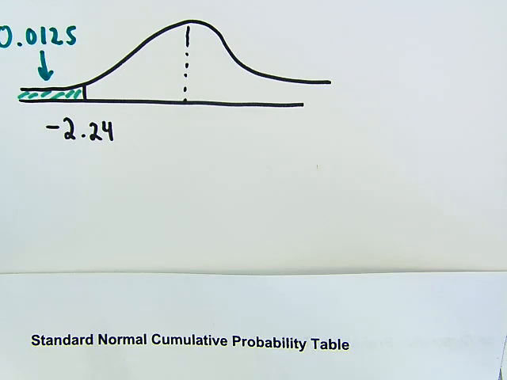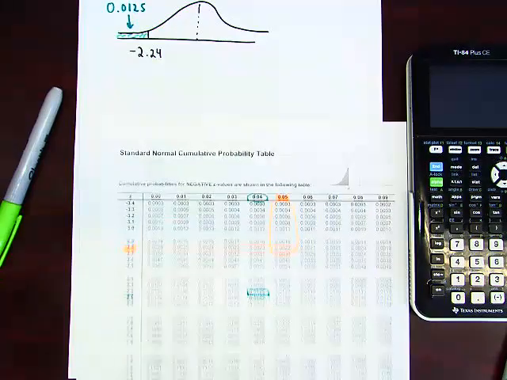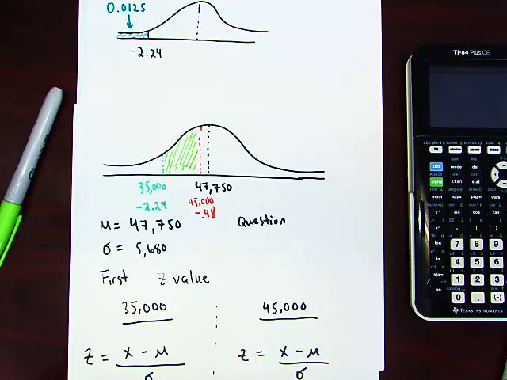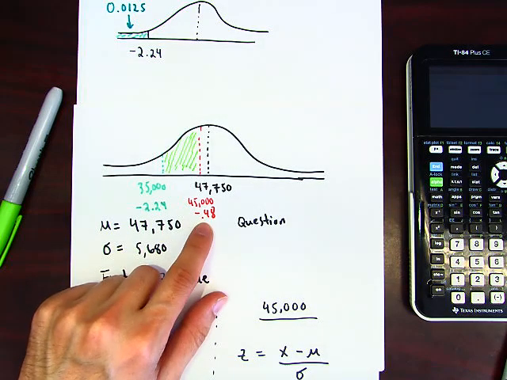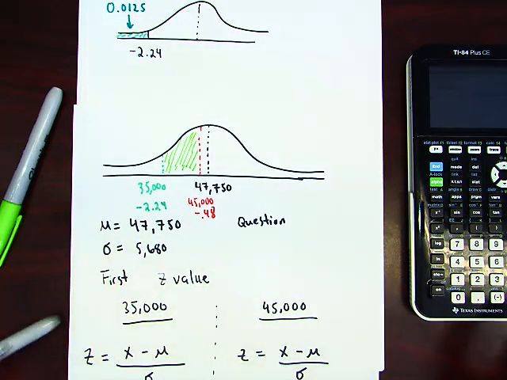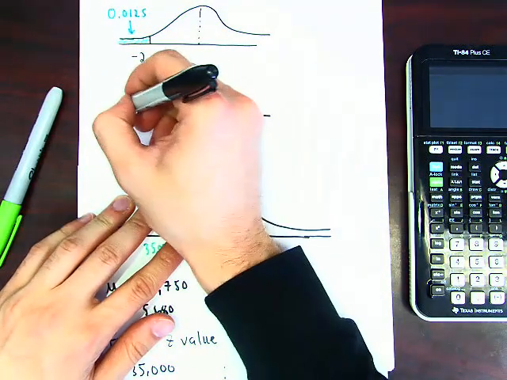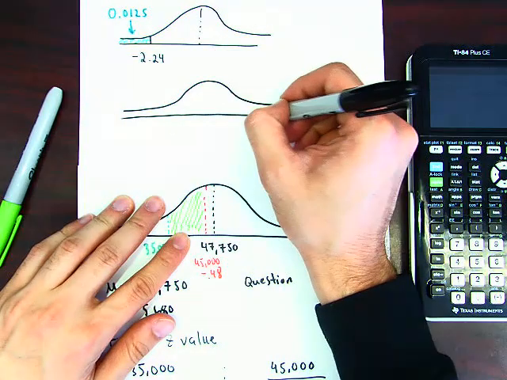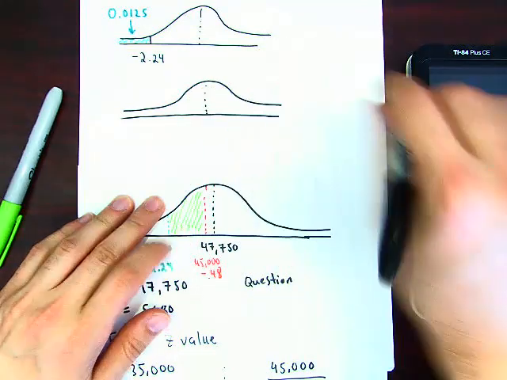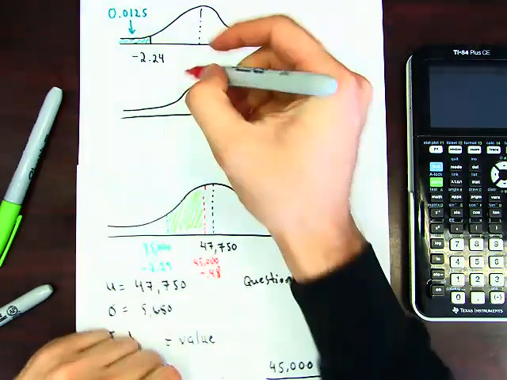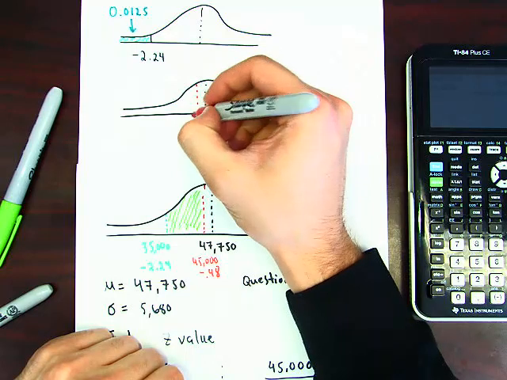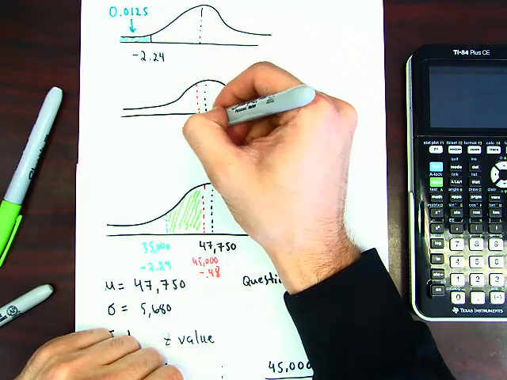Okay. What about the other one? What's the area to the left of -0.48? Okay, so here, -0.48 is somewhere here. This is -0.48.